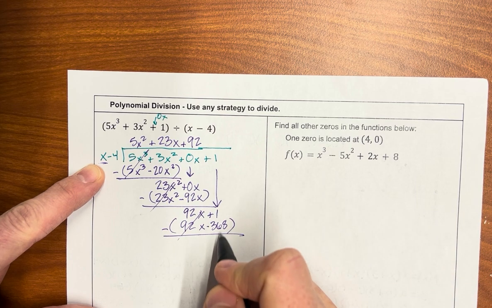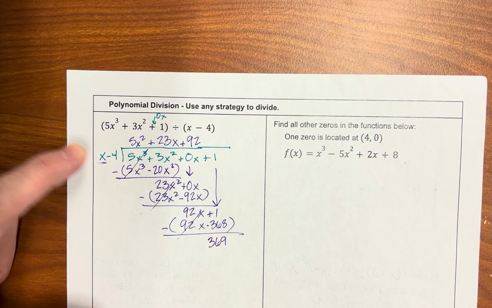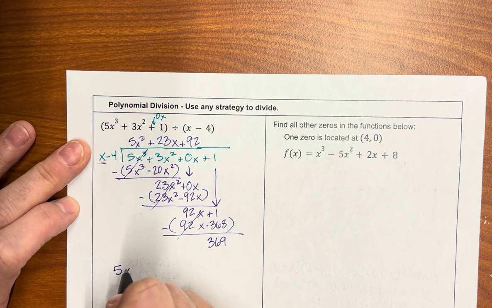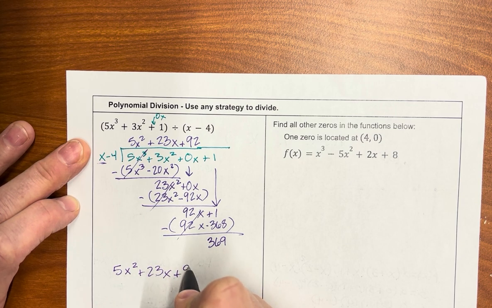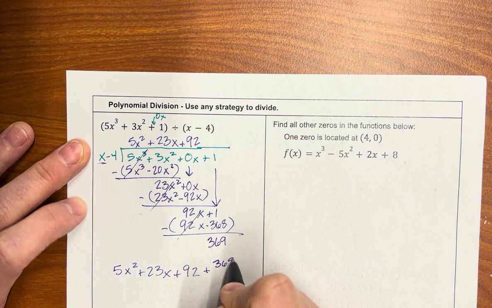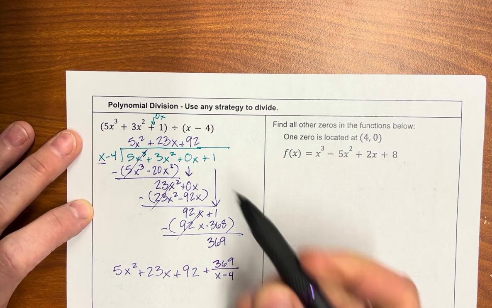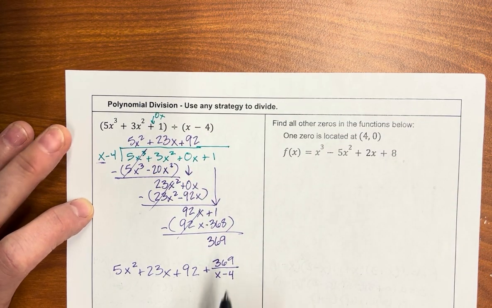The 92x's cancel out, and I get addition here, so 369. This is my remainder. So my solution is 5x squared plus 23x plus 92 plus a remainder of 369 over x minus 4. So we write our divisor as the denominator of our remainder.